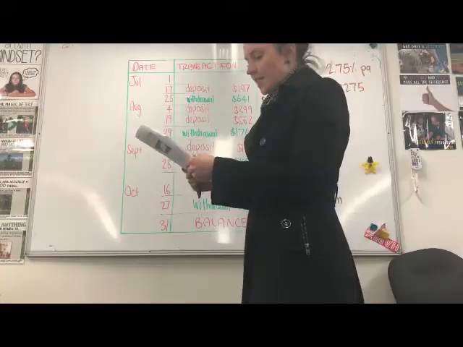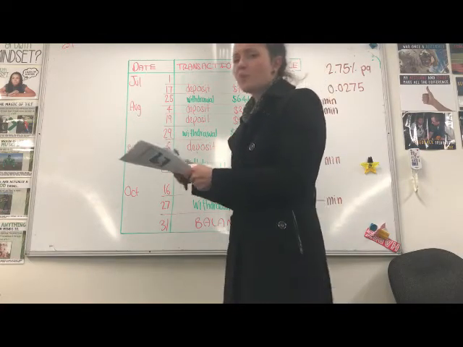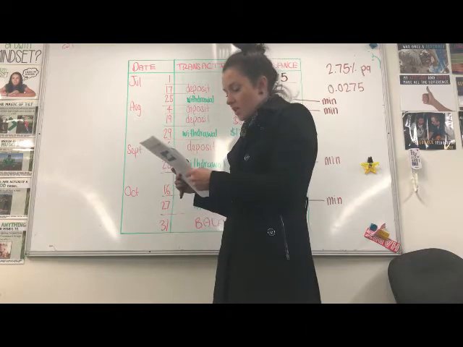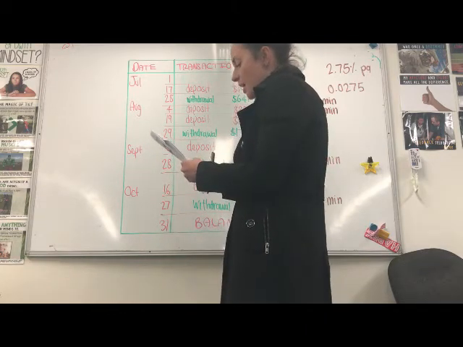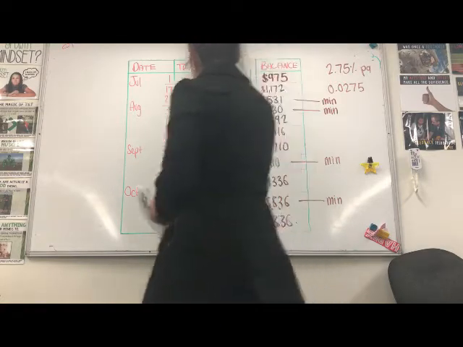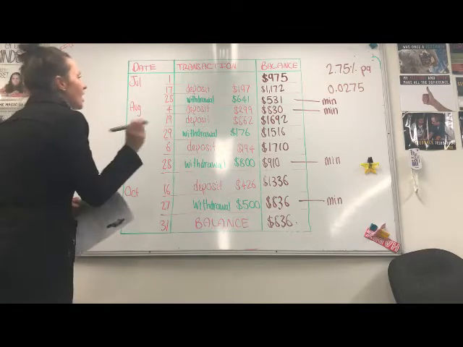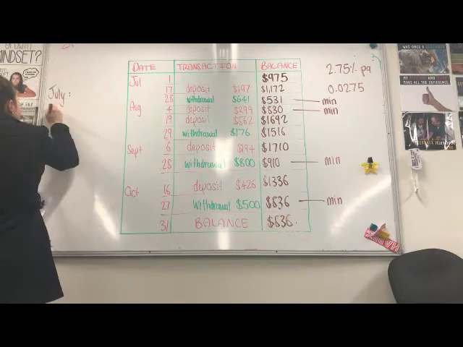Now, number C. C is asking us to calculate the interest owed by the bank if the interest rate was 2.75% per annum, and it is paid on the minimum monthly balance. So let's do July. The minimum monthly balance of July was 531.